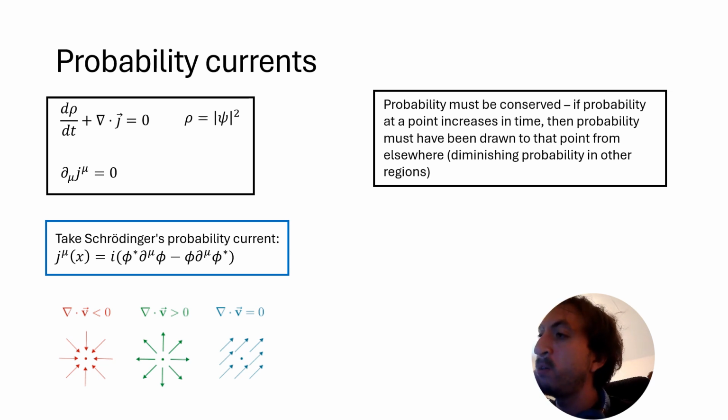And you might ask, what's a good expression for the probability current? For now we're going to assume, and we'll justify it in a bit, that we can take the 4-current to be the 4-current from Schrodinger's equation. So in Schrodinger's equation, if you take rho to be the probability density, the modulus of the wave function squared, you can calculate directly what the three-dimensional probability current would be, and therefore what our 4-current would be.